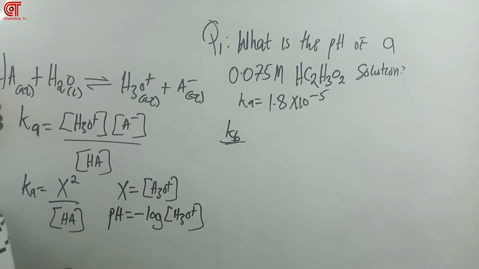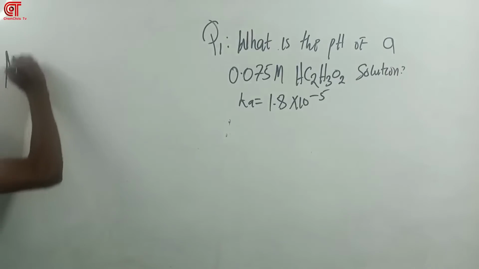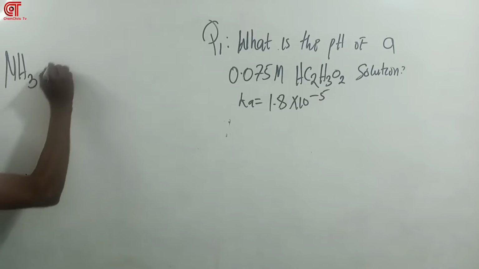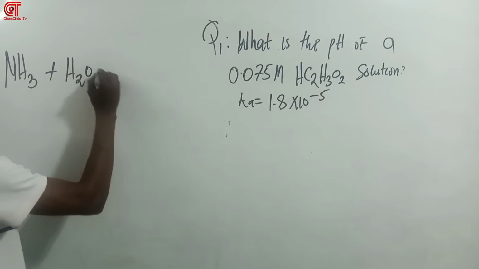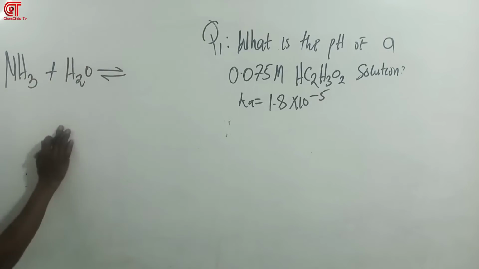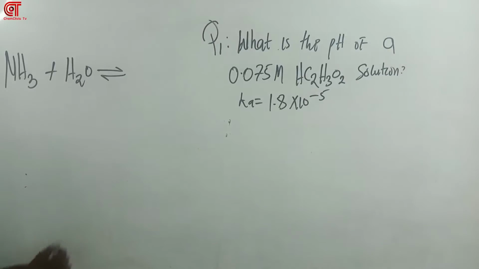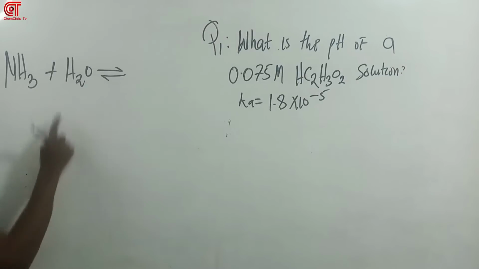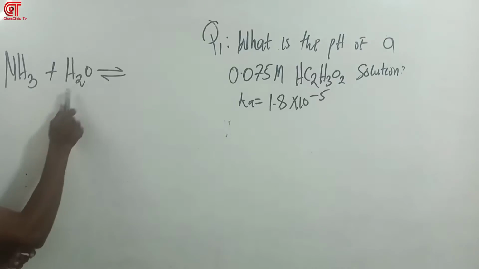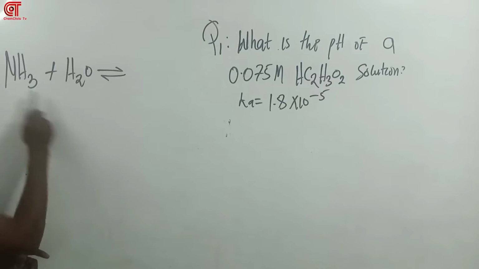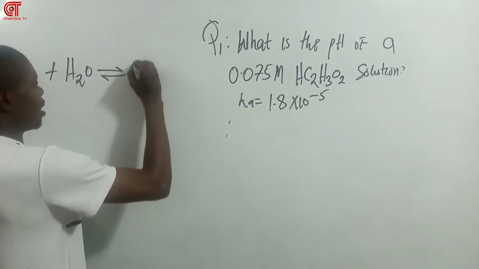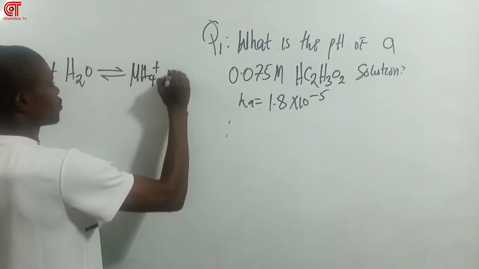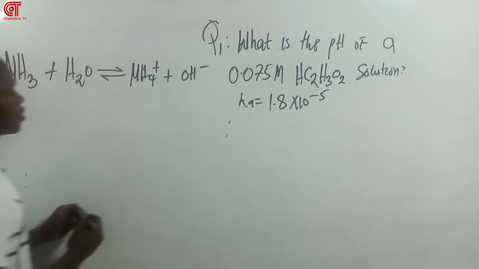Now as we have for a weak base, NH3 plus H2O. Remember, water acts as a base here, right? Water acts as a base, so it donates a proton to this compound to form NH4 plus and OH minus.